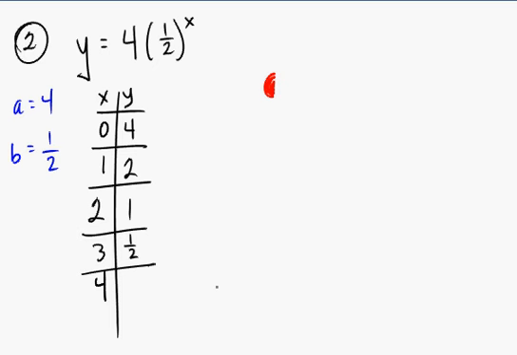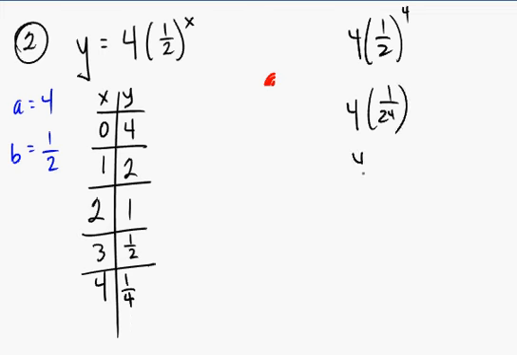He says he wants you to cut that apple in half. Right. And give me half of it. And you're like, oh, now I only have a quarter of an apple. See? 4 times a half to the 4th. 2 to the 4th is 16. 4 over 16 is a quarter. We have a quarter of an apple.